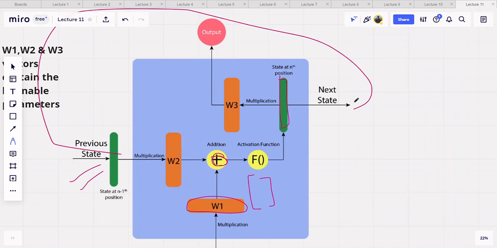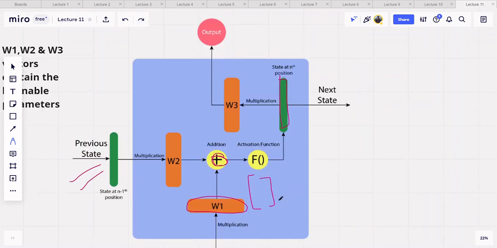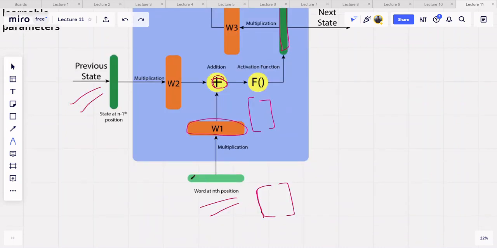So we have our updated hidden state here. We multiply this hidden state with w3, and we get a certain output. Then we pass this same hidden state again to the same recurrent cell, along with the next word. Again the same thing happens.